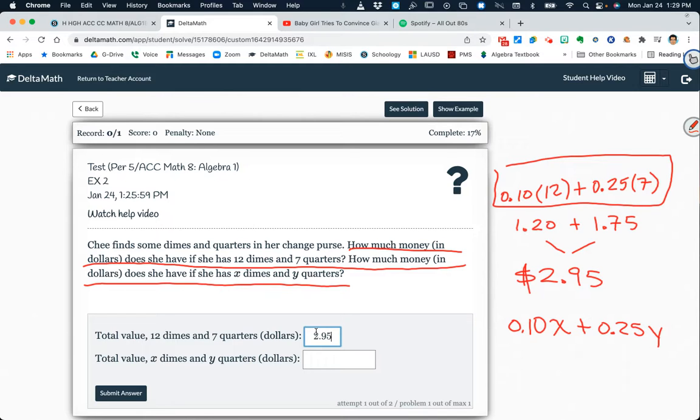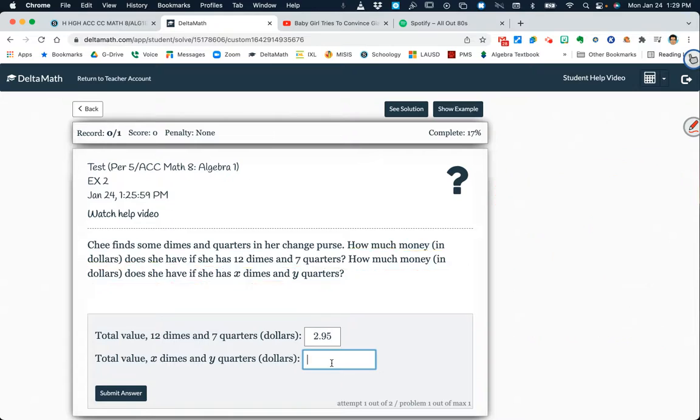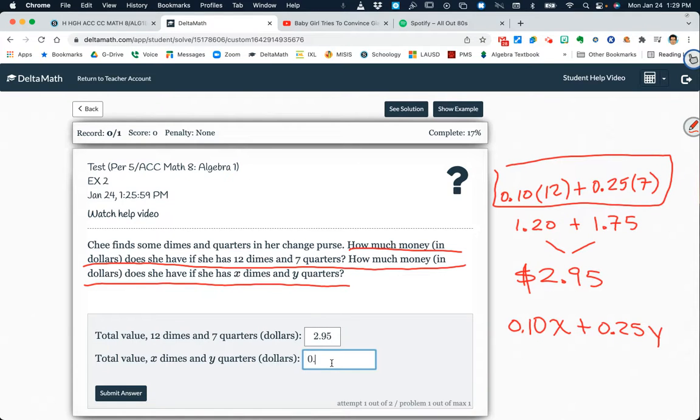That's why I wanted you to think of it in terms of that expression first with the money. Let's try it. Did it work?